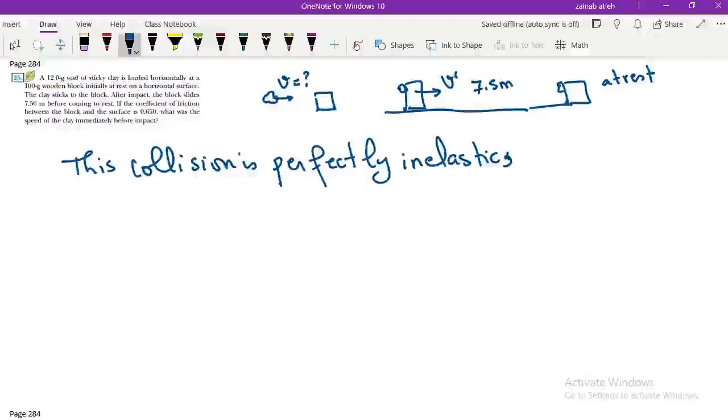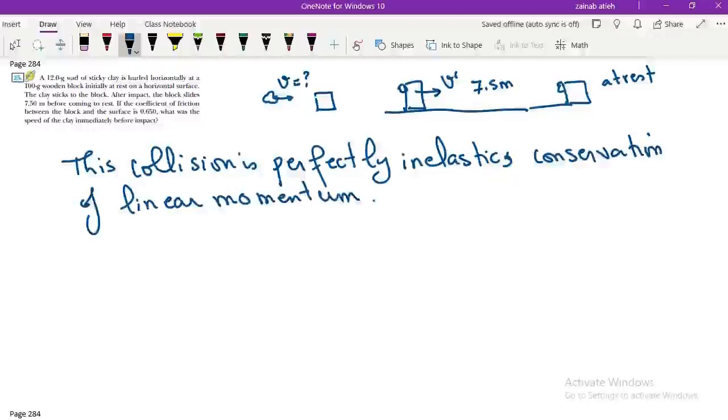So conservation of linear momentum implies P before equals P after. So P is equal to P prime.